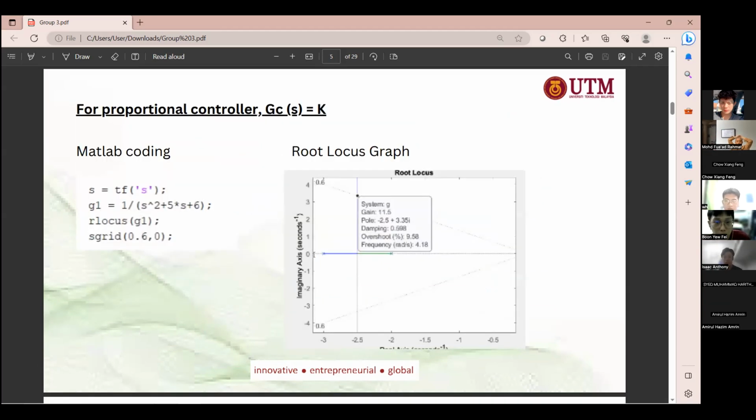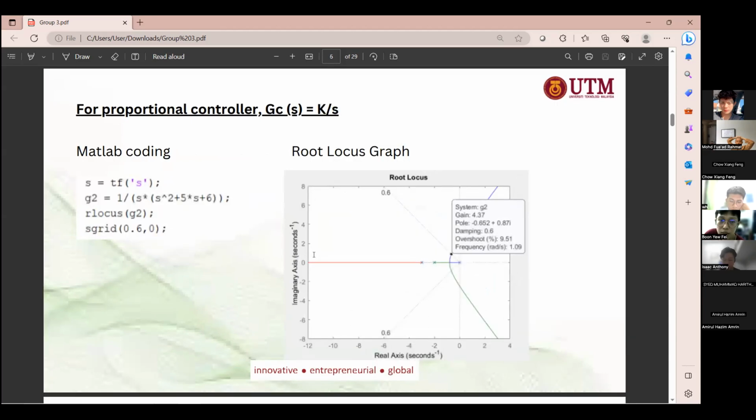Okay, for zeta equals to 0.6, this is our Matlab code for this graph, and then we use cursor to find the dominant pole, which is negative 2.5 plus 3.35 j, and then the percent overshoot from this root locus plot is 9.58, and then the gain is 11.5.